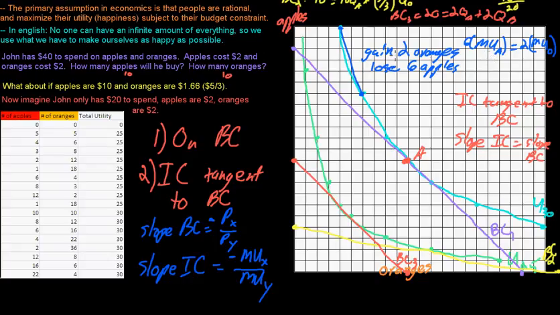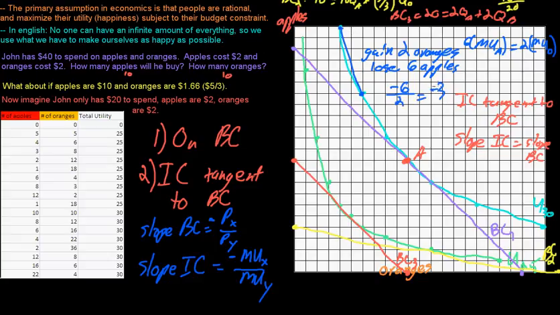Remember, it's rise over run, so we're going down 1, 2, 3, 4, 5, 6. So we have -6, and we're going right 2, which is equal to -3.